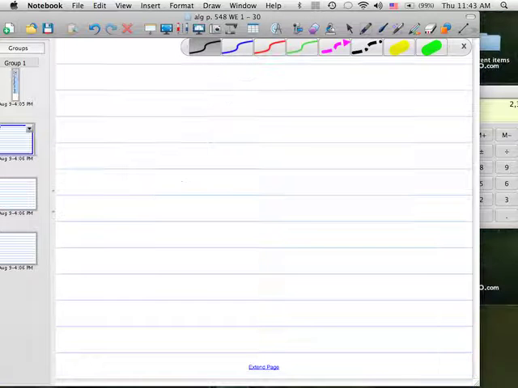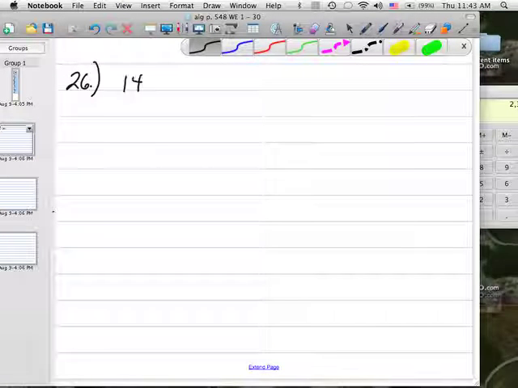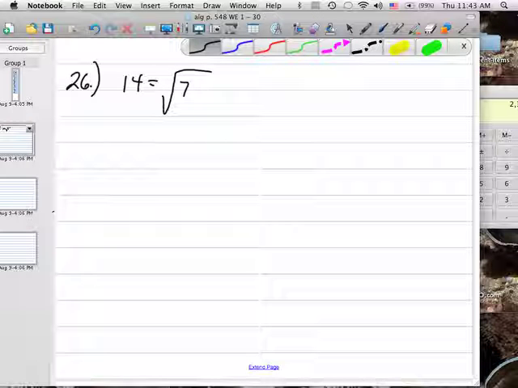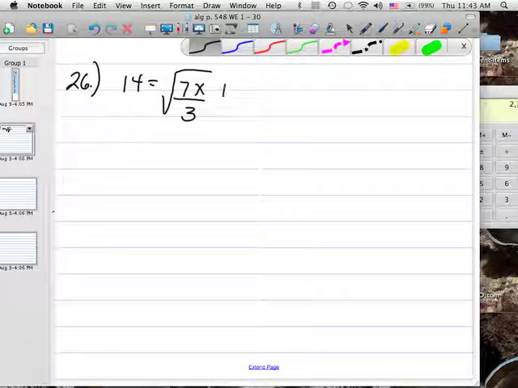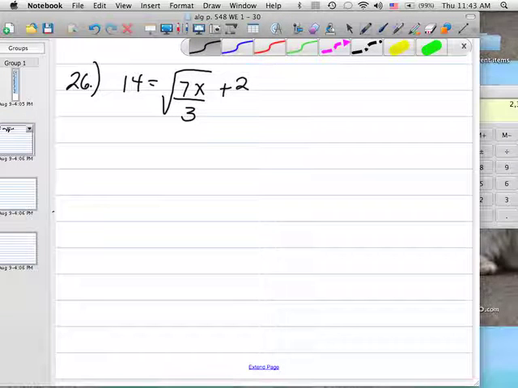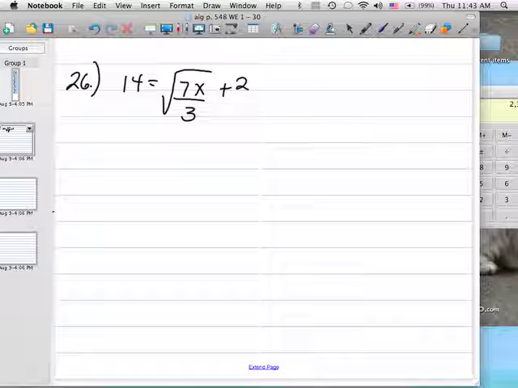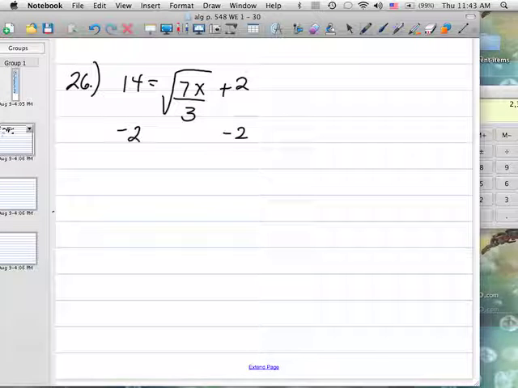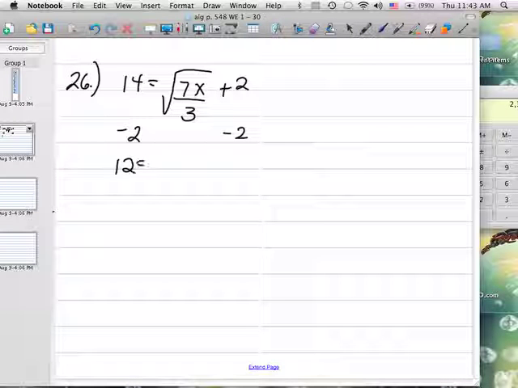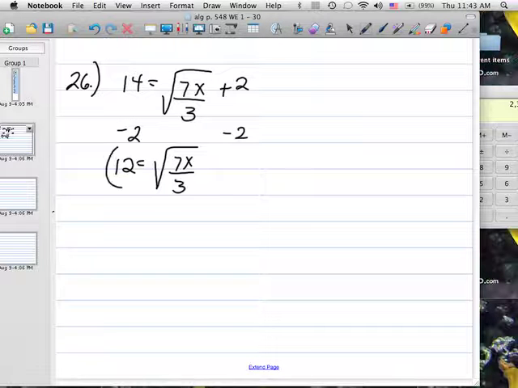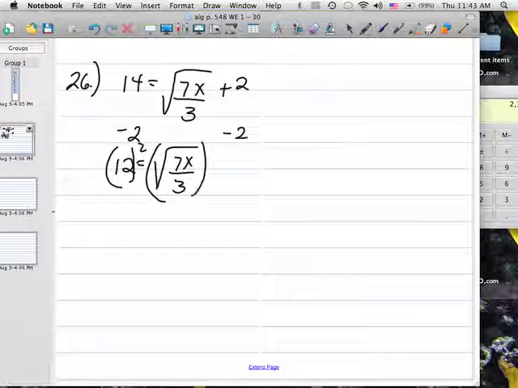Problem number 26. We have 14 equals the square root of 7x over 3 plus 2. Isolating the radical, we subtract 2 from both sides. So we get 12 equals the square root of 7x over 3. Square both sides to get rid of the radical.